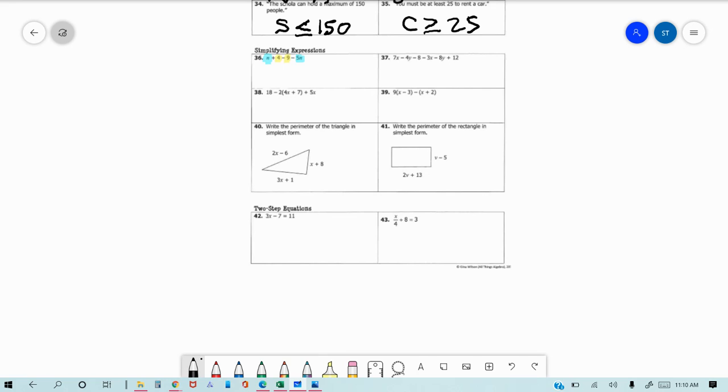All right, so n minus 5n would be negative 4n. And then 4 minus 9 would be negative 5. And that's just as easy as it is, simplifying that expression. Okay? Yes.